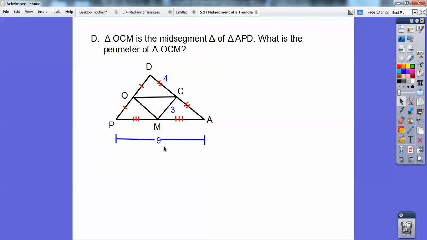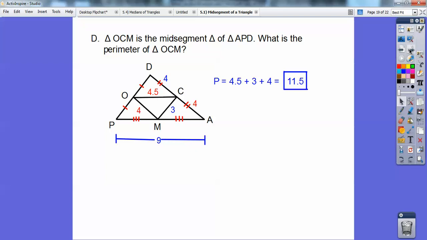So this midsegment is half of 9, so this is going to be 4.5. And similarly, if that's 4, because of the markings, 2 dashes, 2 dashes, this whole thing is 8, so this midsegment is half of that, so this is 4. So 4, this was 4.5, and that's 3, so the perimeter is going to be the addition of all those, and I get 11.5.